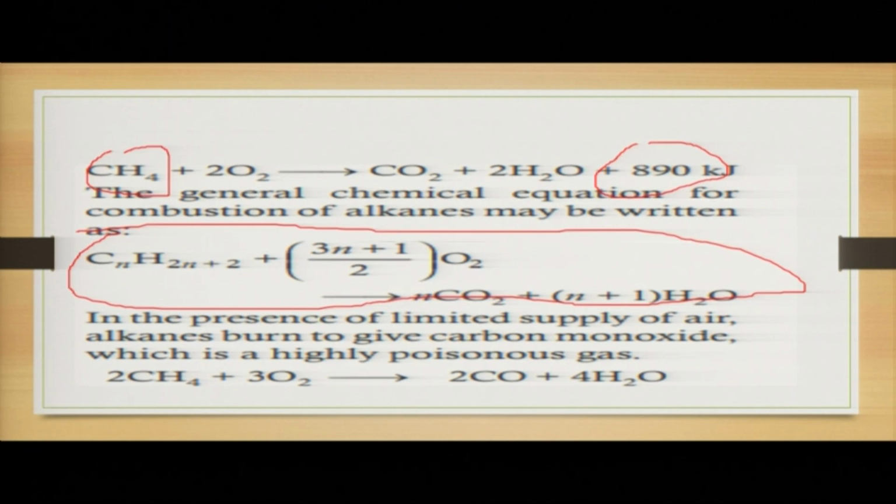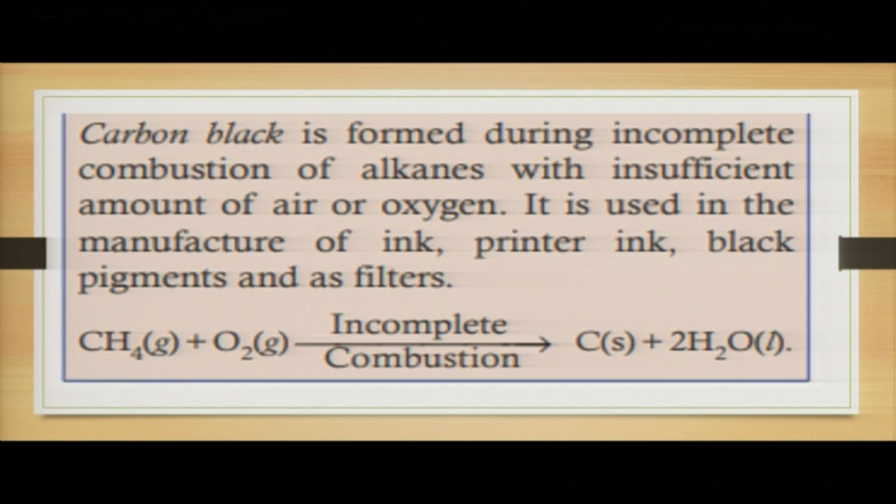So this is a lot of heat that is generated. In a limited supply of air, we said carbon monoxide is formed. Of course, you know carbon monoxide is very poisonous when it is inhaled. We mentioned that carbon can also be formed, and this carbon is a source of carbon black.